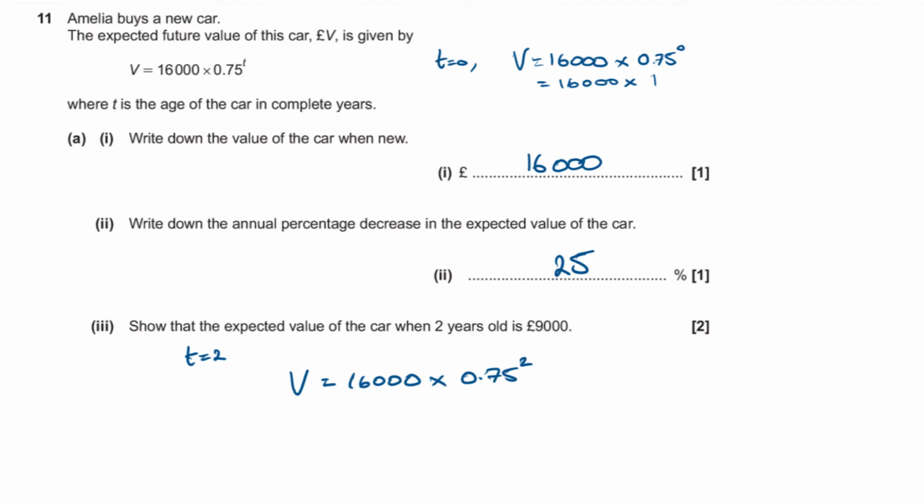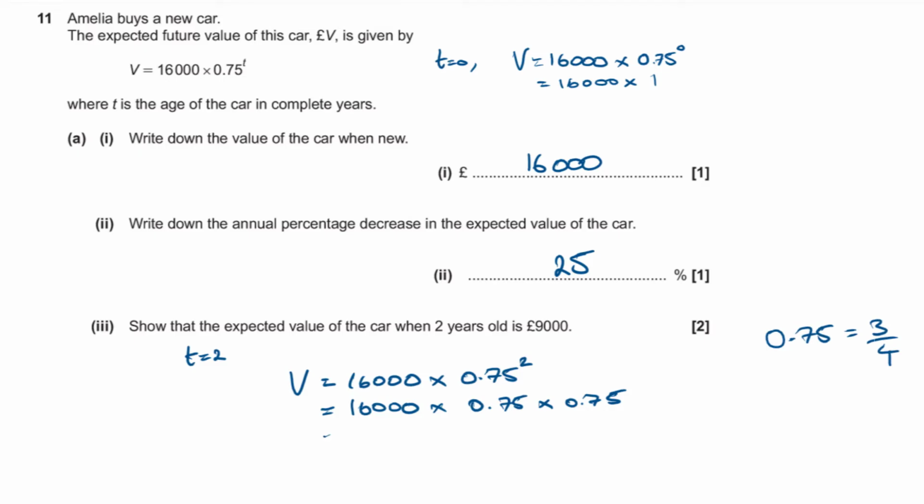I'm just going to do this as a repeated percentage change, so I'm going to times it by 0.75 and times it by 0.75 again. I think it's going to work out easier. So finding 75%, 3/4 of something, is the same thing as dividing it by 4 and timesing it by 3, isn't it? So 0.75 as a fraction is 3/4.